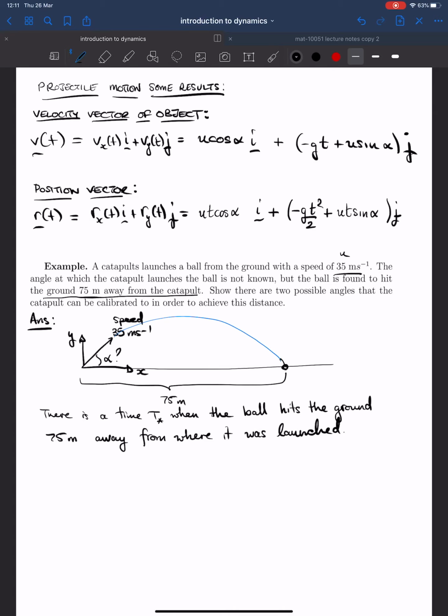Right, so effectively what we know is some information that relates to this Rx component of our velocity vector.